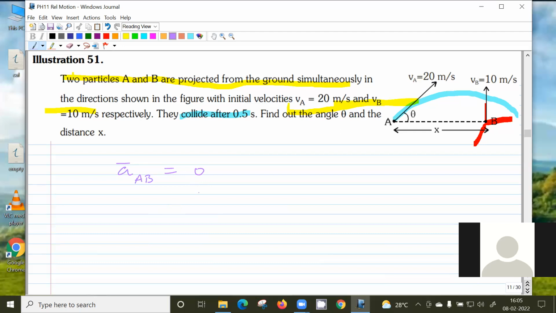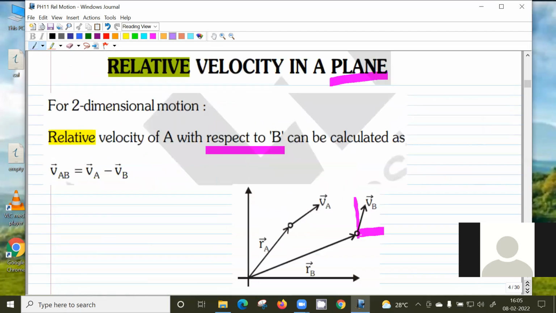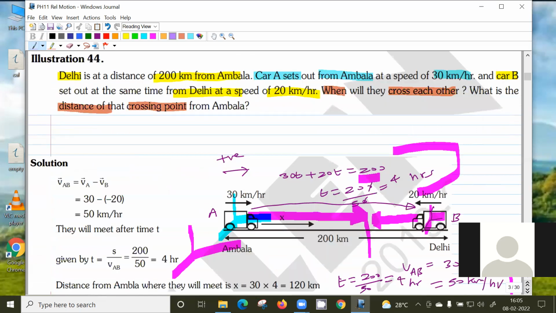Okay, and the thing is, if they collide, then displacement of A with respect to B is 0, not at other times. In the first problem also, in the bus, when both of them meet, the displacement of E with respect to B is 0, no?